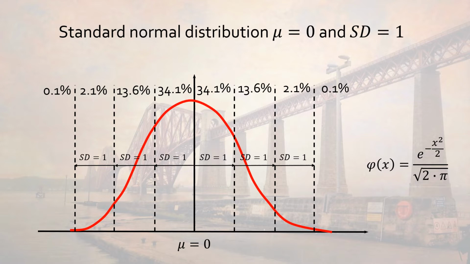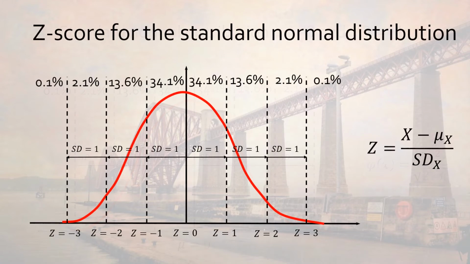Another interesting thing to discuss is the normal distribution and the so-called Z values for this. The standard normal distribution is a normal distribution with a mean value of 0 and a standard deviation of 1. A Z-score describes the position of a raw score in terms of its distance from the mean when measured in standard deviation units.